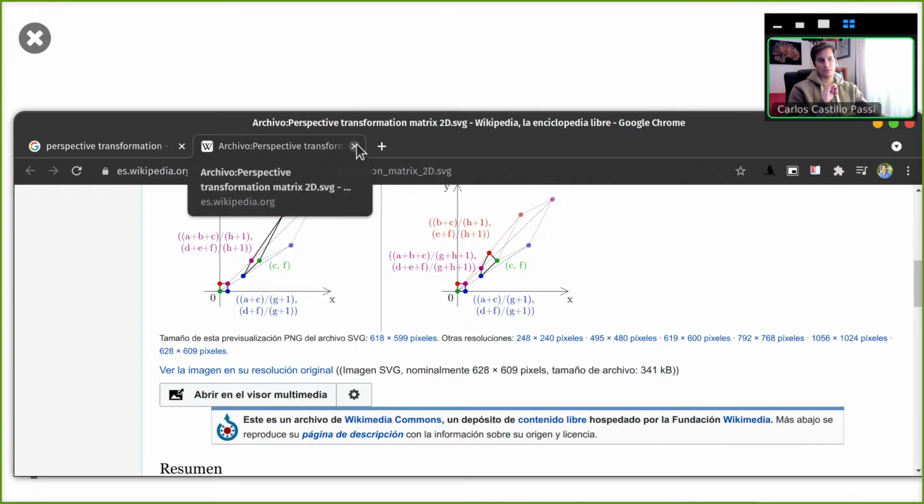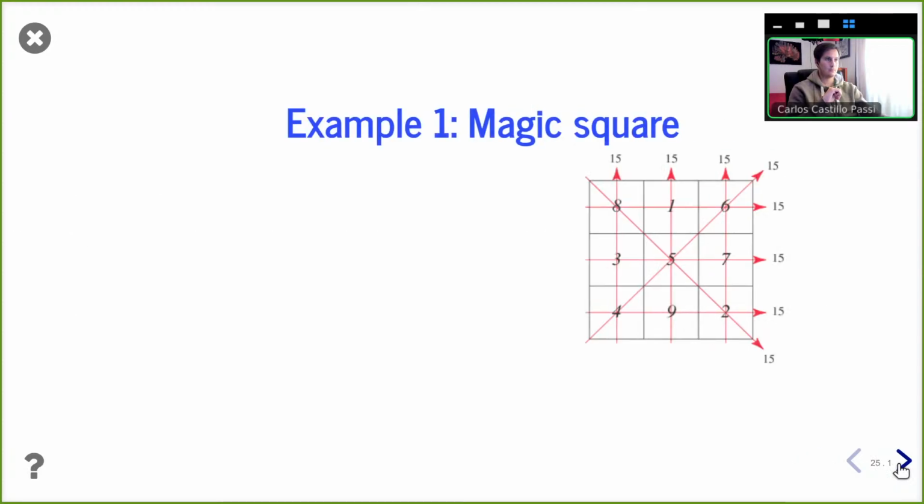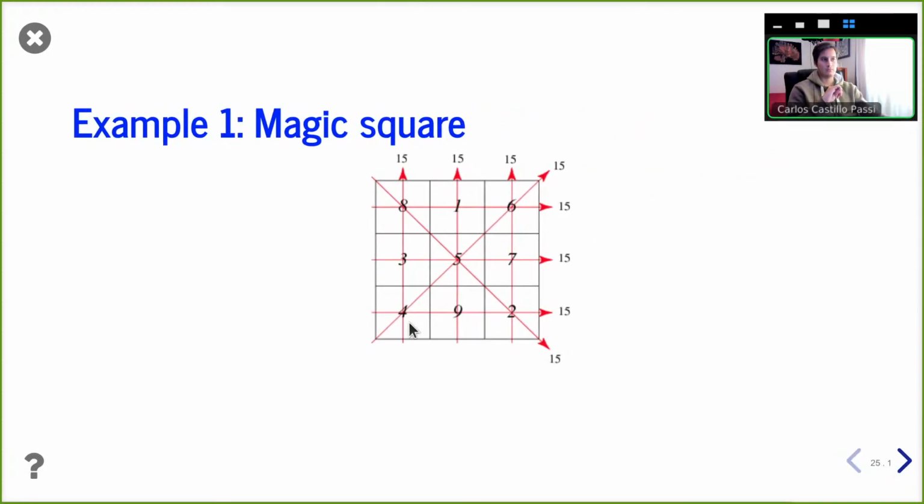Another example of a system that is linear is the magic square. Have you heard of a magic square before, or is this the first time you heard about magic squares? Never before? Well, a magic square is a puzzle where you have a grid.